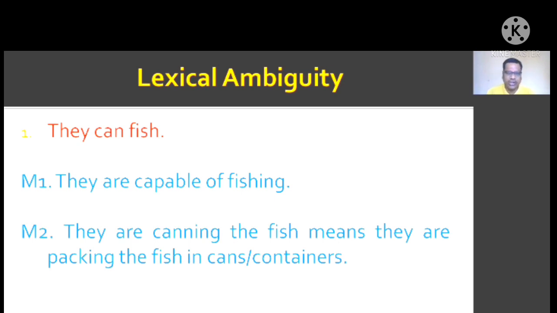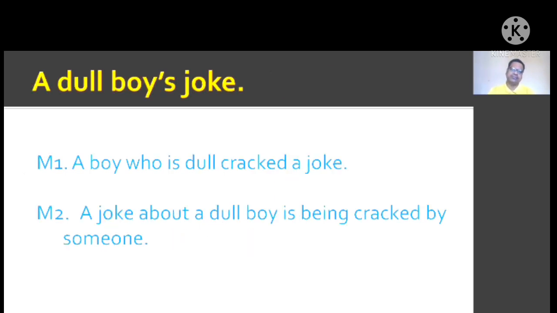Meaning one, they are capable of fishing. Meaning two, they are canning the fish, packing the fish in cans and containers. These are the two possible interpretations of this ambiguity. Let us look at another sentence here. A dull boy joke.